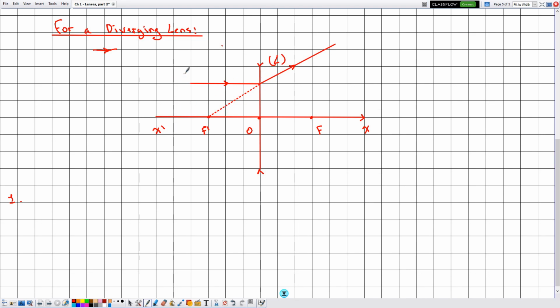Now let's justify its path. An incident ray, this is the case of a diverging lens.